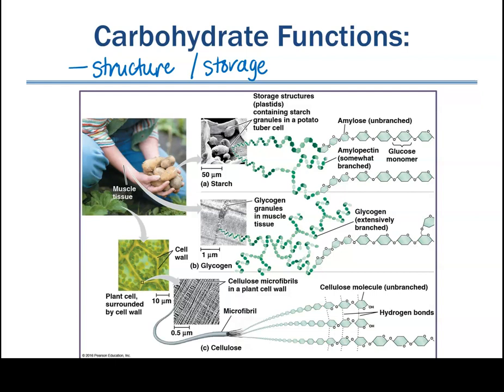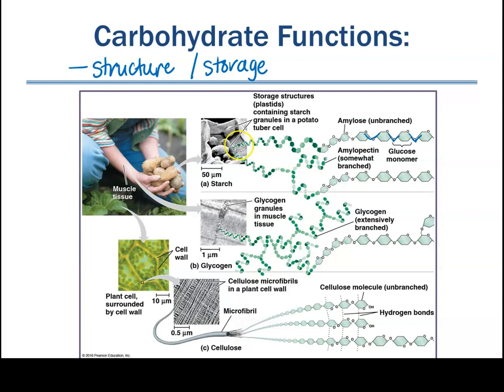So up on the top, we have starch. We've got potatoes as our example for where we get starch. But starch is a relatively simple molecule. It is just a continuous, straight line linkage of glucose monomers.